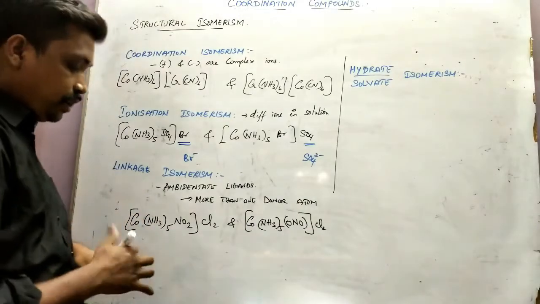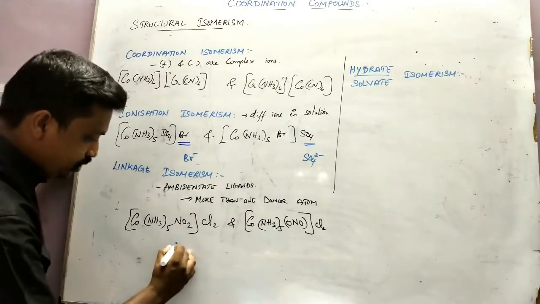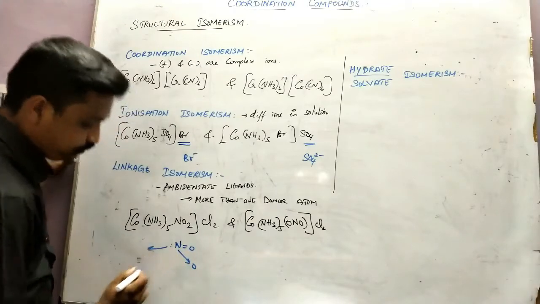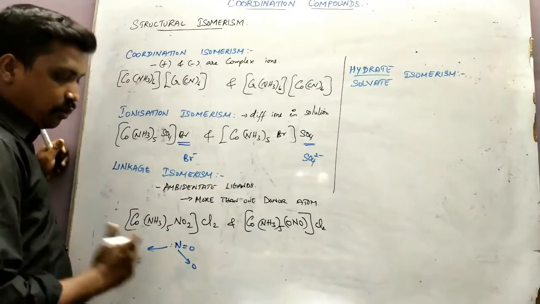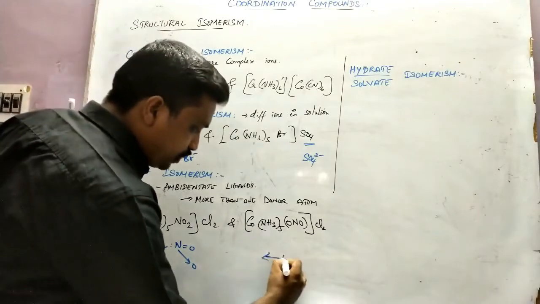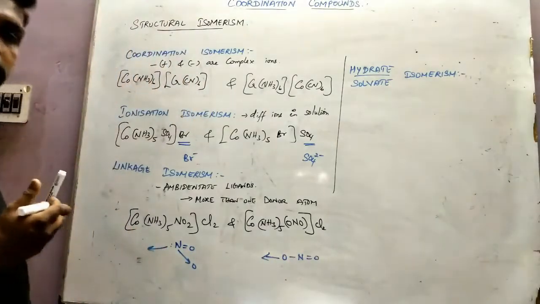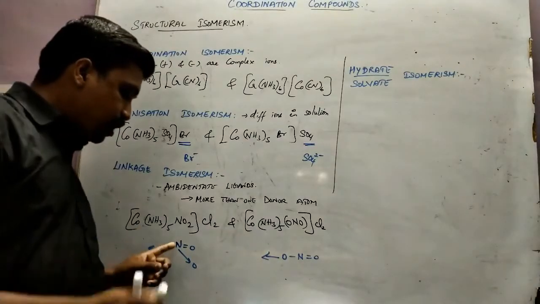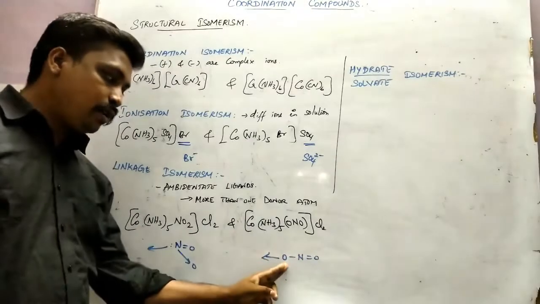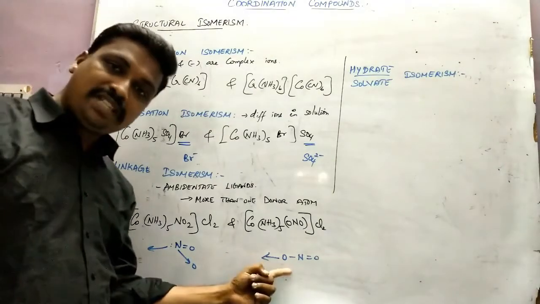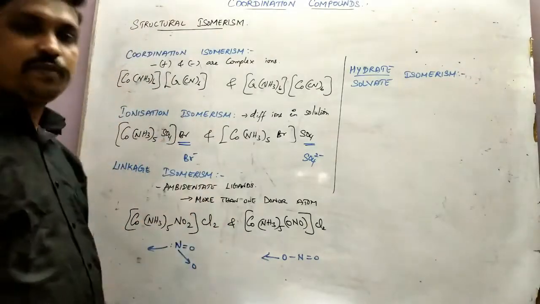Here, the nitrogen of the nitro group is the donor for cobalt, whereas here, the oxygen of the nitrito group is the donor. The linkage is by means of nitrogen in one, and by means of oxygen in the other. It is called linkage isomerism.